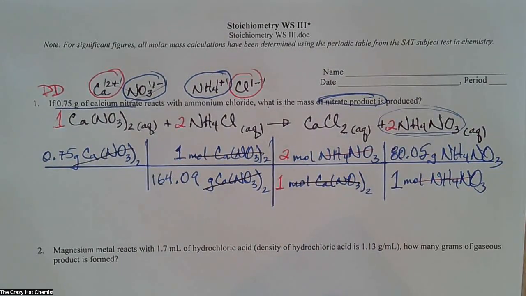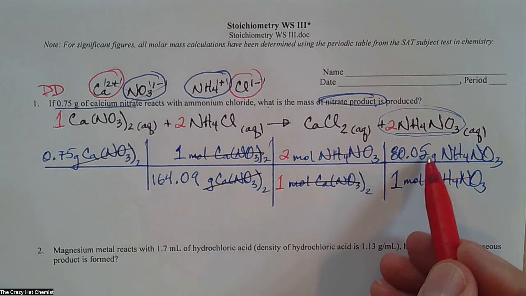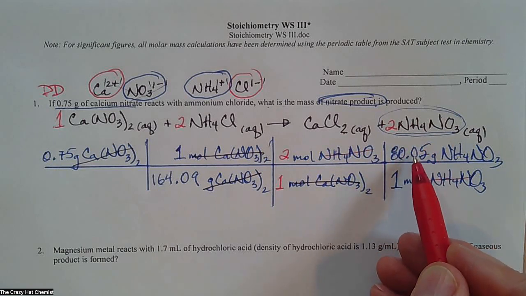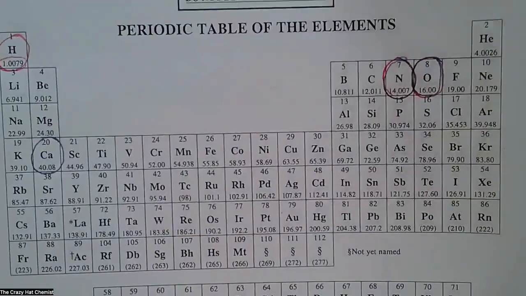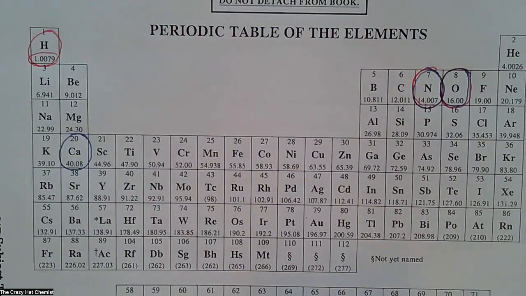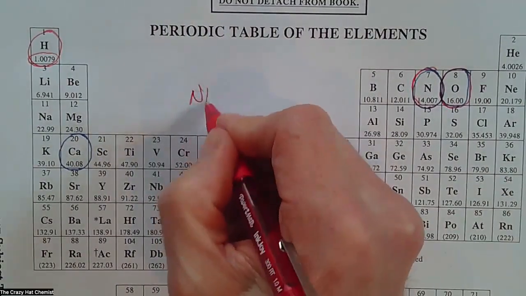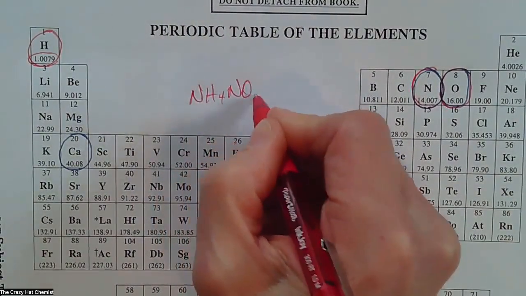And then I'm going to make one other comment here, and that will be a comment with every single molar mass calculation. Once you've done the molar mass calculation, you've written it down, then what I want you to do is use a whole number molar mass calculation in addition to that. So the formula for ammonium nitrate is NH4NO3.